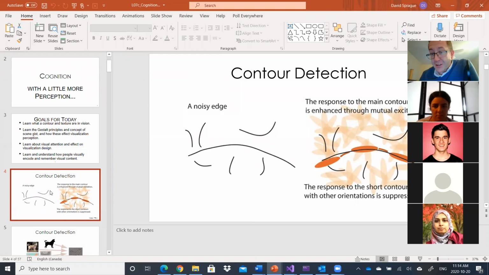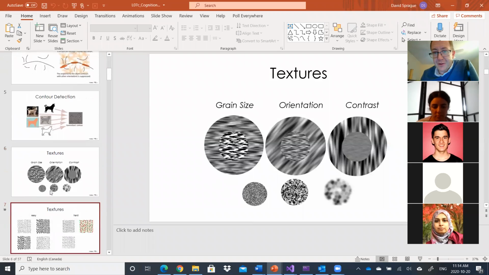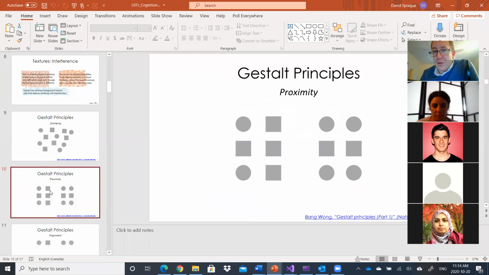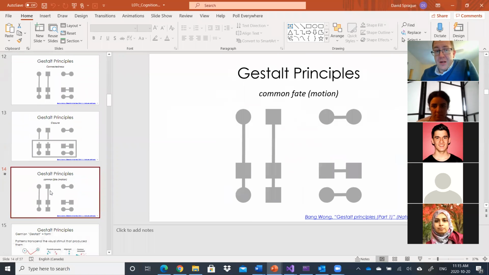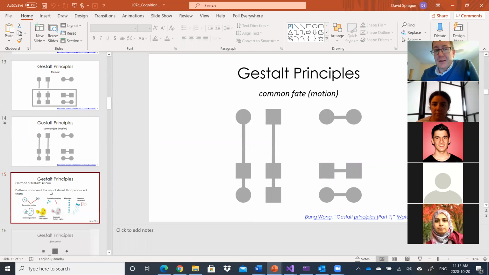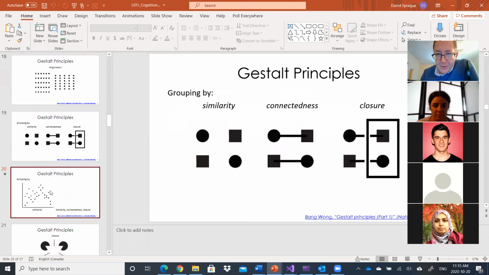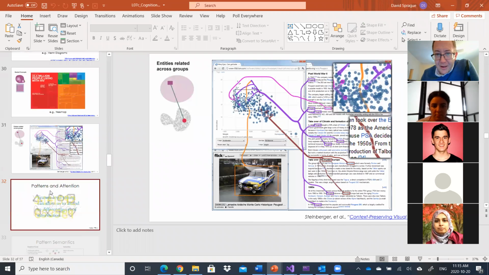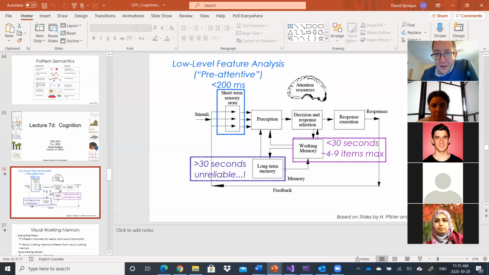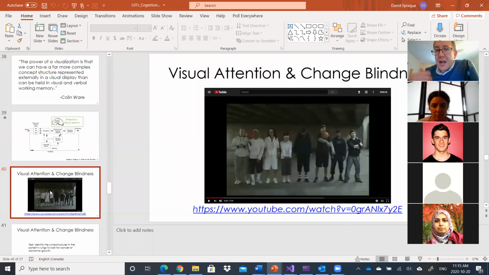We have contour detection, which is what we were getting into with those non-parallel lines, whether you wanted to see those or not. Textures and contrasts, whether we can see certain layers. And Gestalt principles are just easy ways of describing a particular phenomenon that you're aiming for. But I wanted to see if I have the change blindness in here. Oh, please let me have the change blindness in here. I love that video. If you hadn't watched the video, please do. It's fun as hell. So have a look at that.